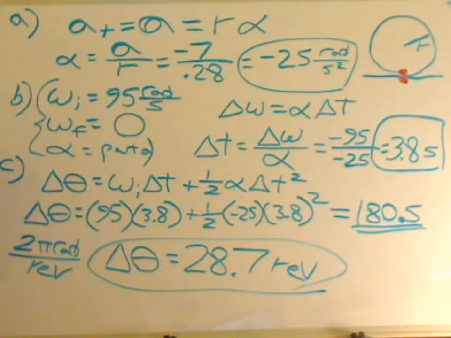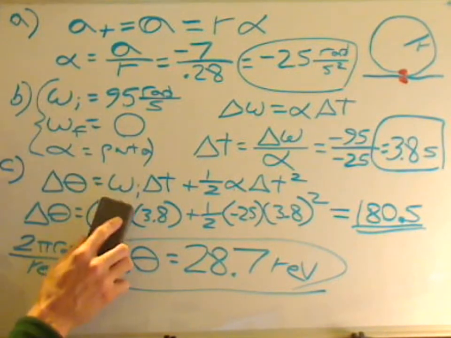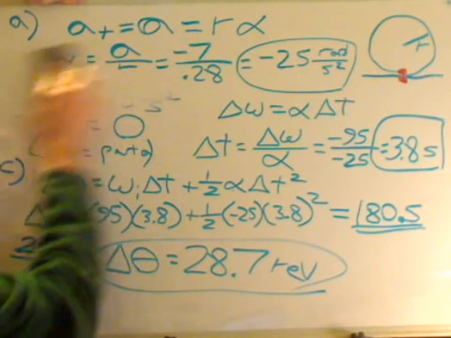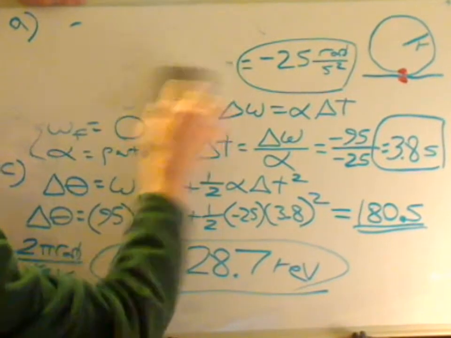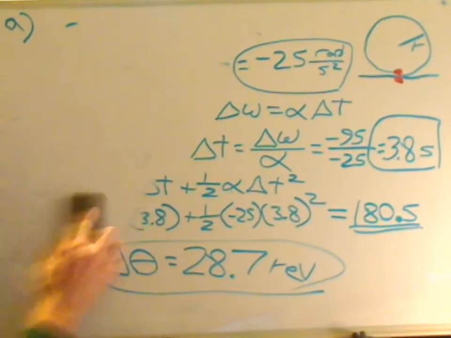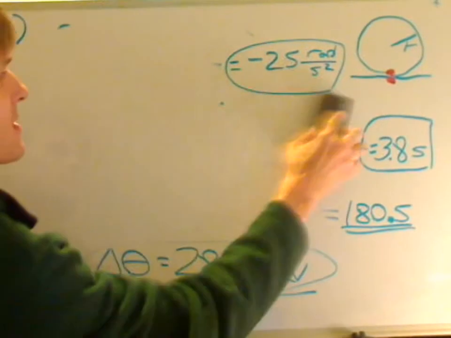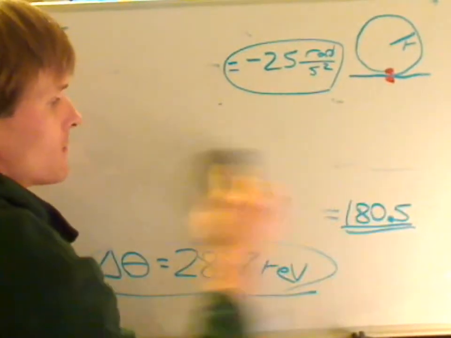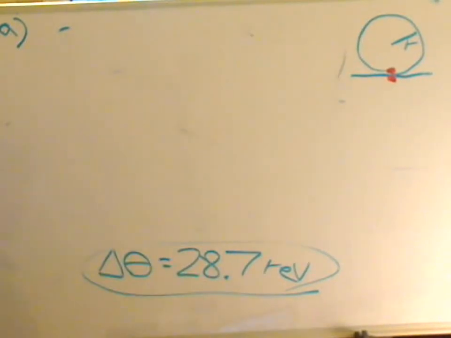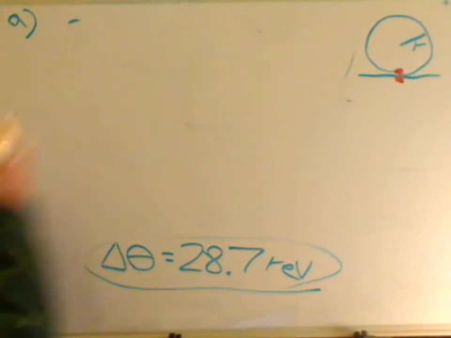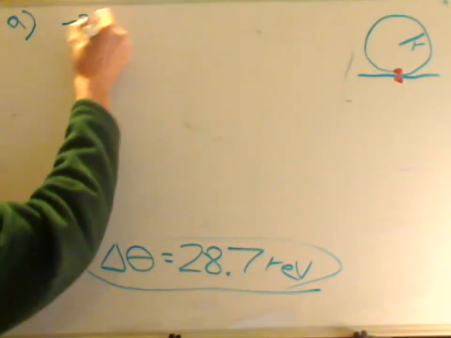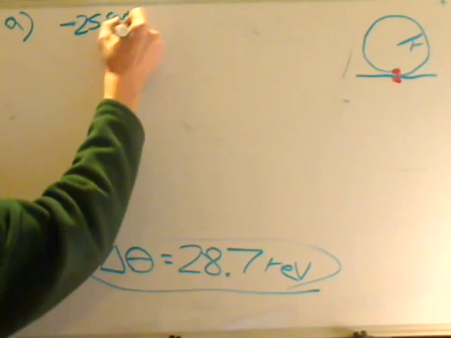Okay? So there's our results for A, B, and C. Now I'm going to have to do some erasing here so we can do parts D and E. And we'll keep these answers because they may be useful for parts D and E. Okay, so for part A we found negative 25 radians per second squared.